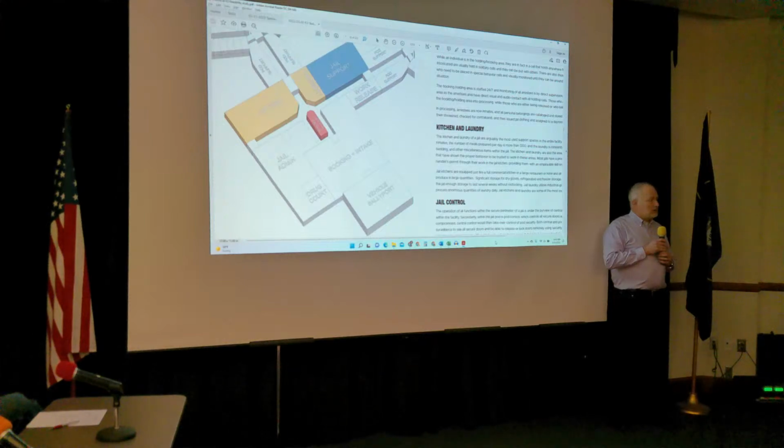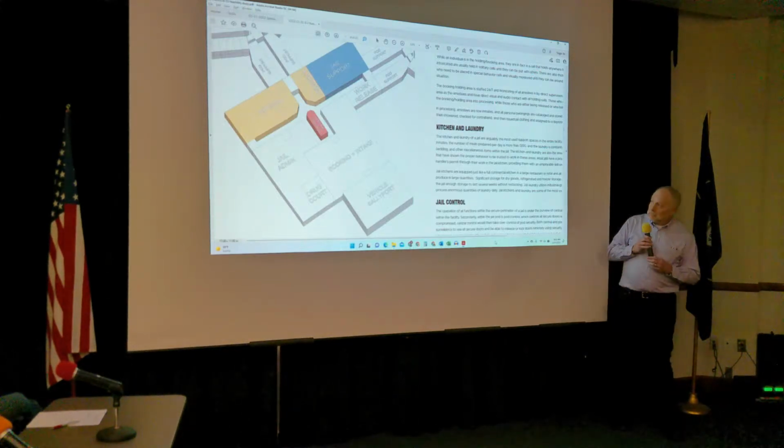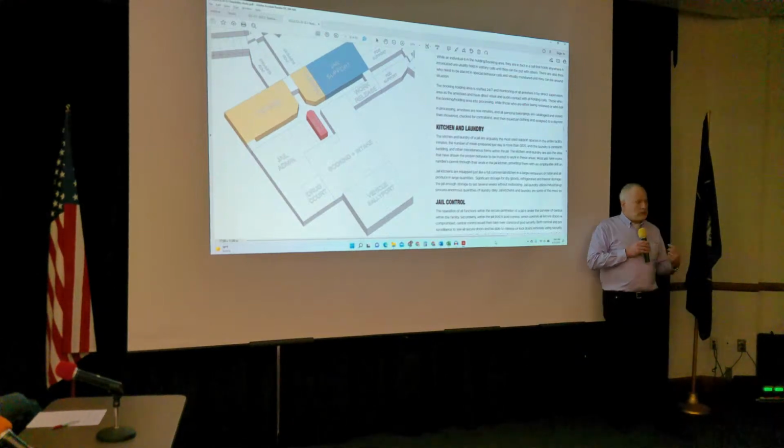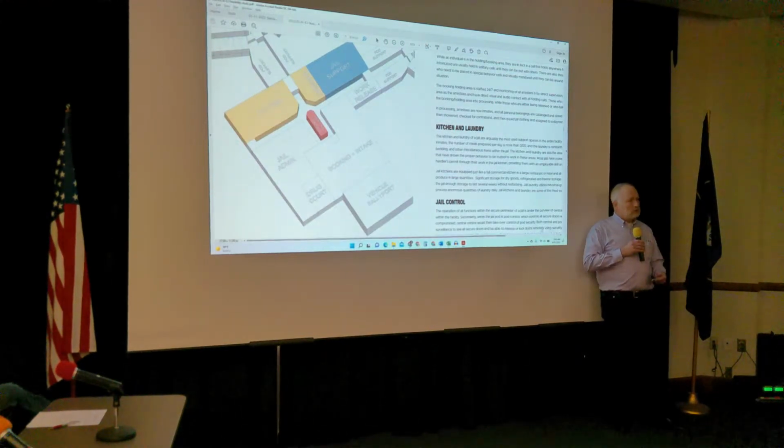Some jails also have programs where, specifically in the kitchen, they have a program with the inmates that they can earn their food handler's permit while they're in the jail working on the cooking line, so that when they are released from jail, they have a skill to go out and get a job with. The amount of sheer meals and laundry that is dealt with on a daily basis is phenomenal.